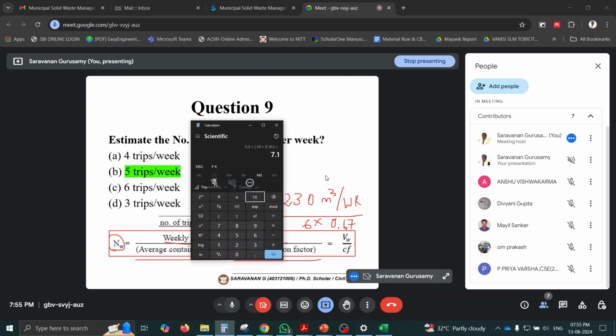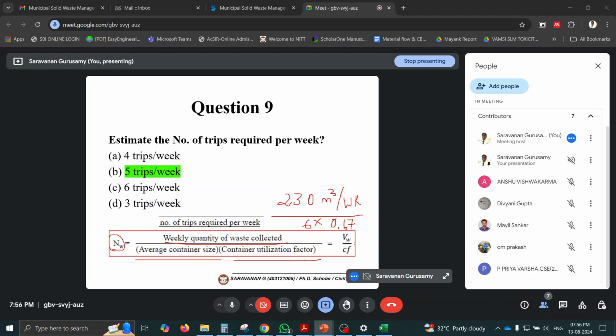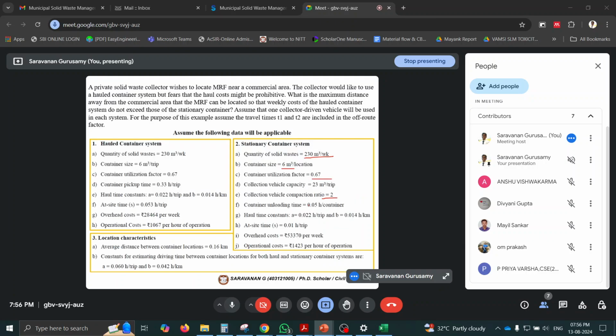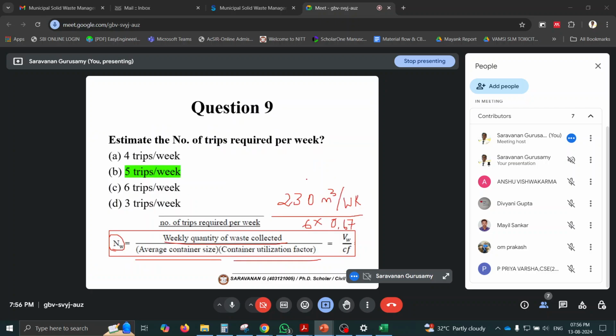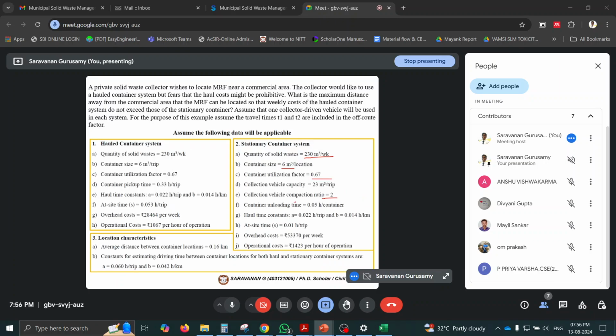So if you multiply 6 into 0.67, yes, so it's 5 trips per week. 230 by 23 into 2.